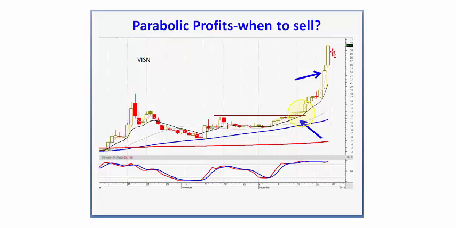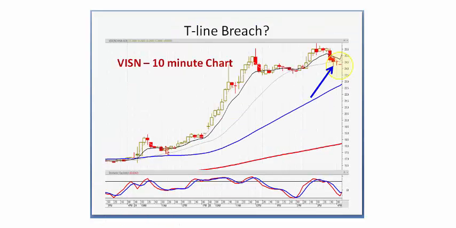So instead of waiting to see whether it's time to be out here or time to be out here, waiting to see a sell signal, giving up some of that profit, when we see that we're in this type of situation where we're too far away from the T-line, we just flip to our 10-minute chart. Our 10-minute chart, here was the next day. Let me make sure I've got these right.